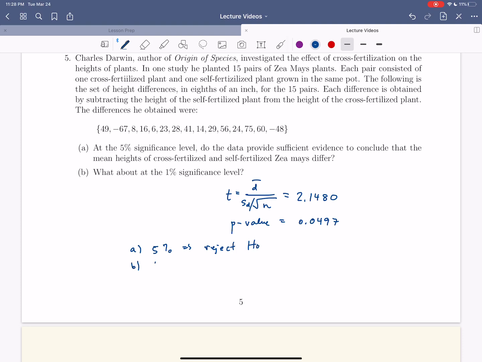At the 1% significance level, there's not enough evidence, so we do not reject the null hypothesis.